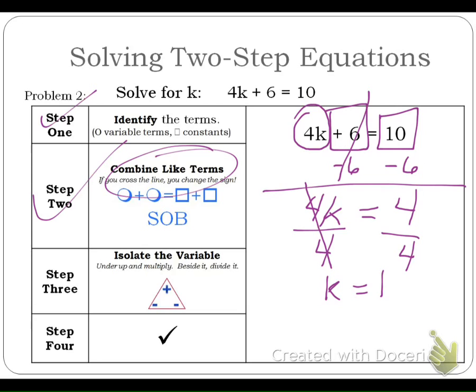Now, just like before, when we're solving one-step equations, to check your answer, you will write down the original equation, but put a set of parentheses wherever you see your variable. Then, take your solution that you get and plug it into that spot. Simplify each side of the equation separately.